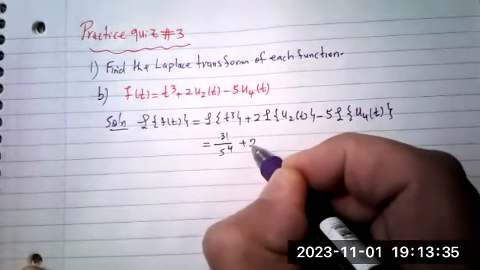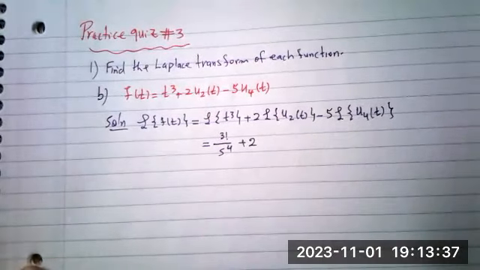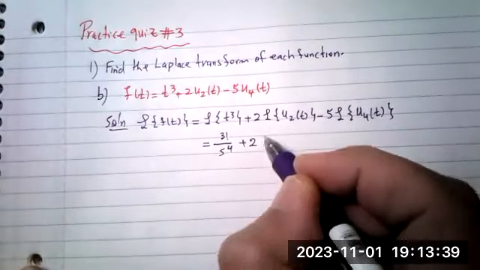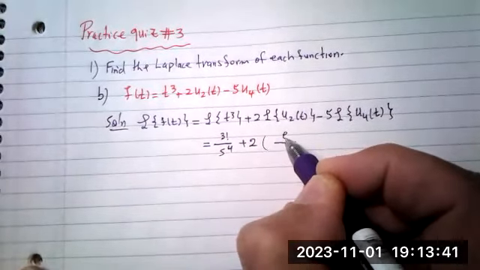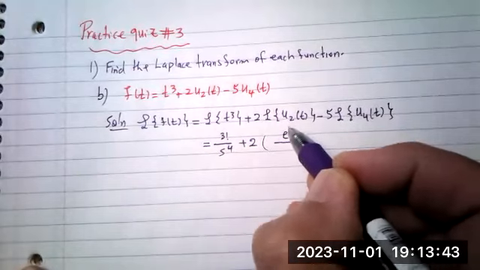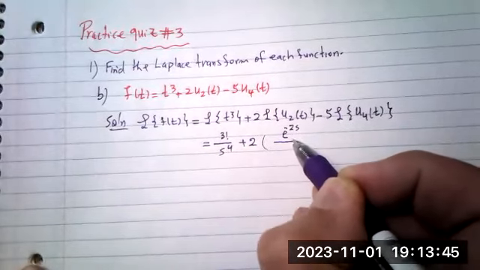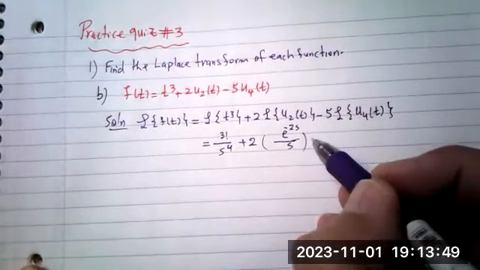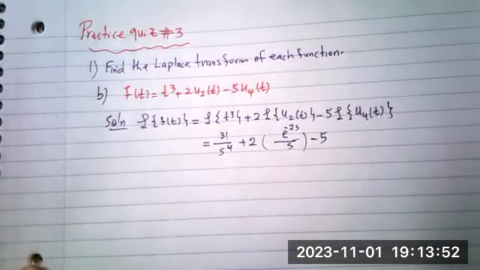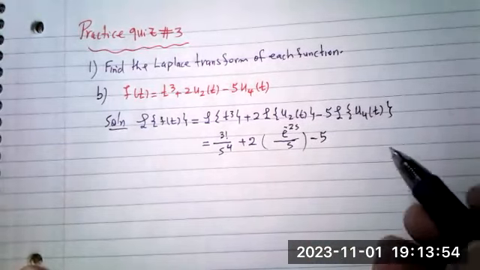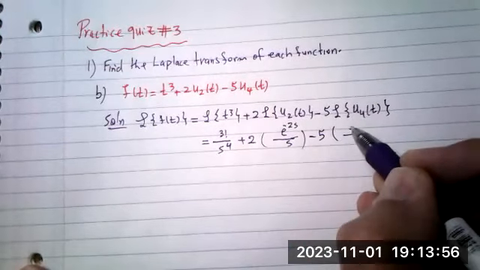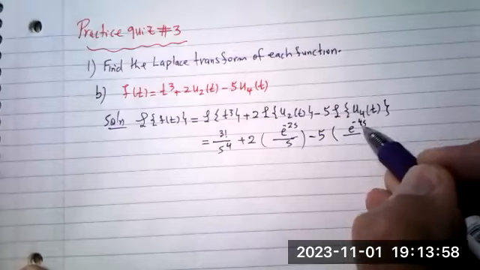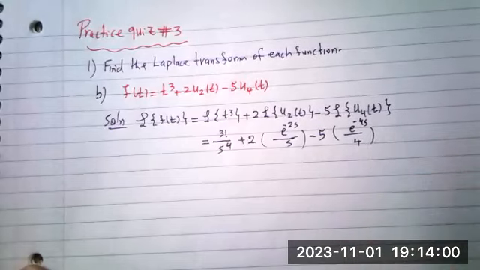Plus 2, this is just a unit step function, u_c(t). Remember, it is e to the negative 2s divided by s, minus 5 times the unit step function with base 4, e to the negative 4s divided by s.